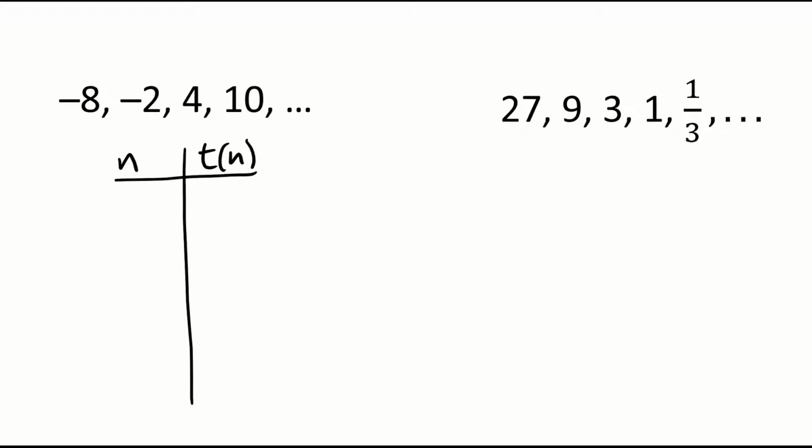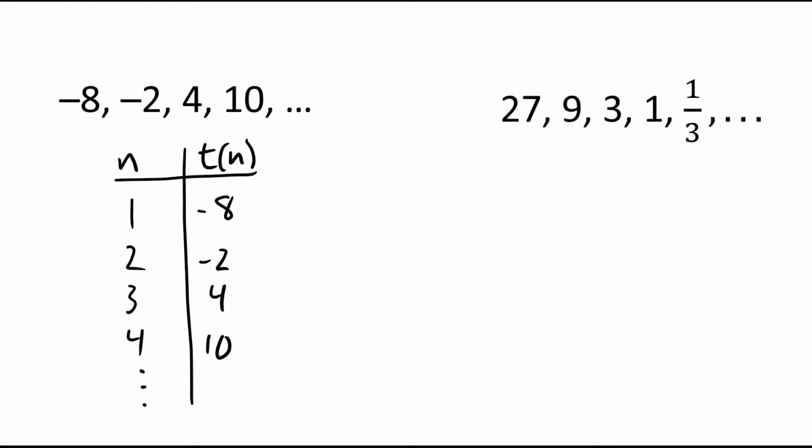The sequence -8, -2, 4, 10 can be written in a table. N indicates the term number. The first value that we see will always be our first term. So I have a first, a second, a third, and a fourth term in this sequence. And the ellipsis indicates that this continues. The values for each of those terms are -8, -2, 4, and 10.